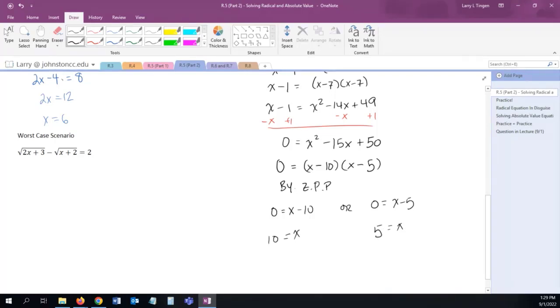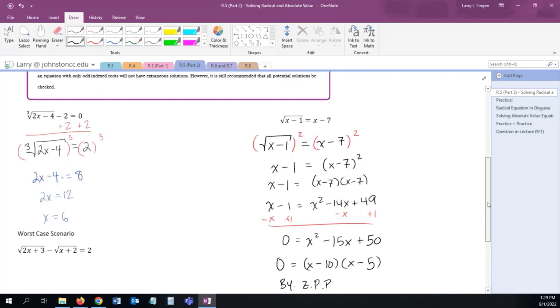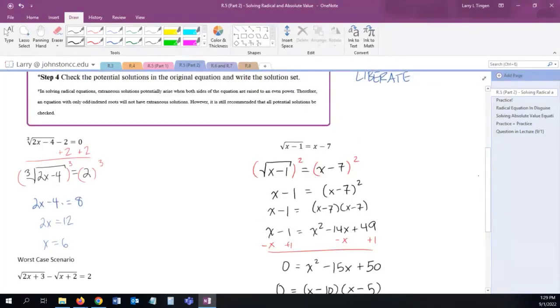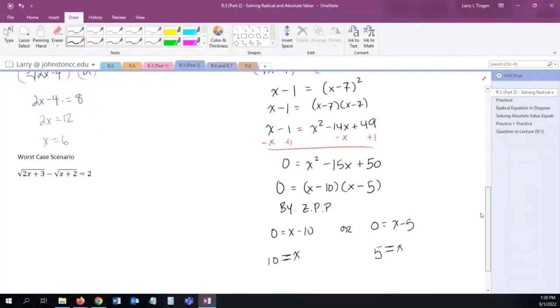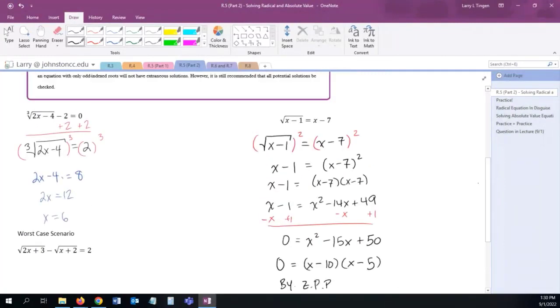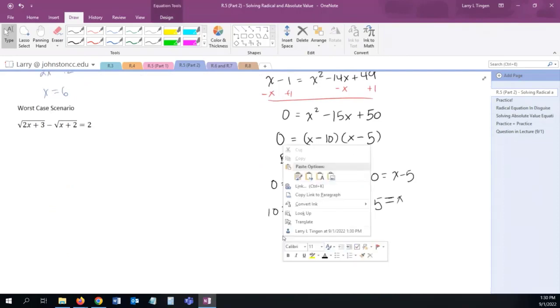And then we need to check, right? We've run into extraneous solutions before, or we've already run into them in this class, so we want to check these really quick. So 10 and 5. The original is, I'm just going to copy it so I don't have to type it again.